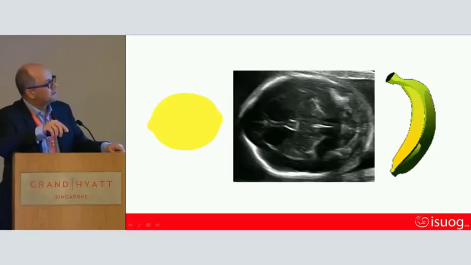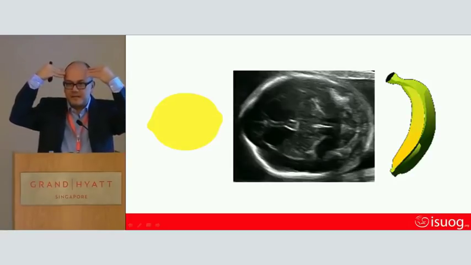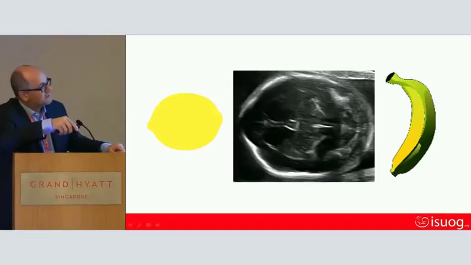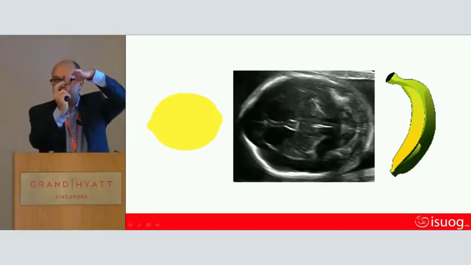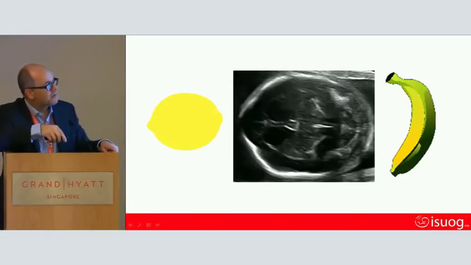This is a lemon. Can you see the head is shaped like a lemon and has this little thing at the front? This is because this part of the skull is depressed. And at the back of the head, the cerebellum, which normally looks like a dumbbell shape, is pulled backwards, so you have this banana-shaped cerebellum.